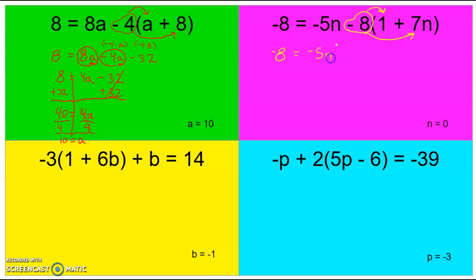Those terms didn't change. We multiplied -8 times 1. -8 times 1 is how much? Yes, -8. And then -8 times 7n is how much? That's 56, so that's -56n.